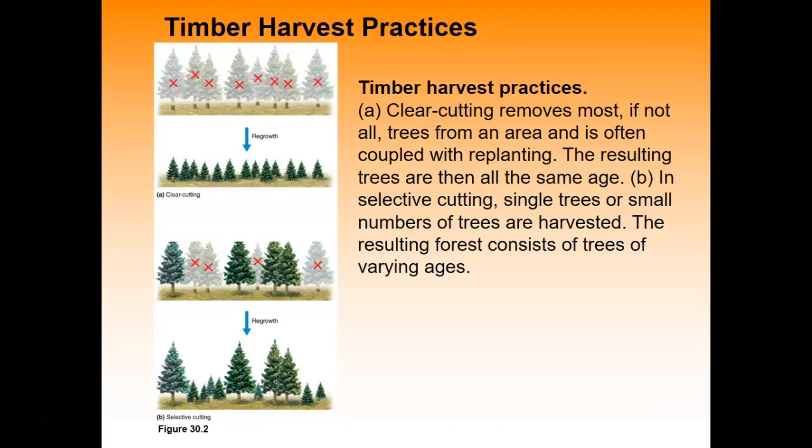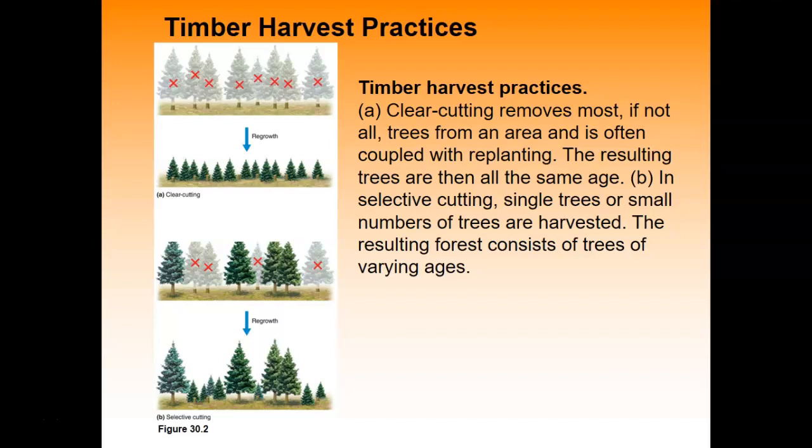So in the top part of this image, we go in and we clear cut everything in that forest. The trees that will grow in that place are all going to be the same age and most likely all going to be the same species. So you lose that biodiversity within that ecosystem.